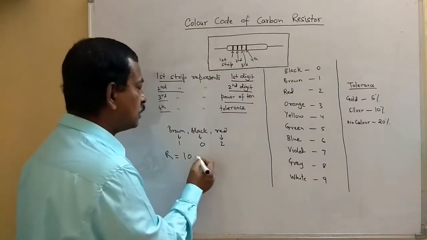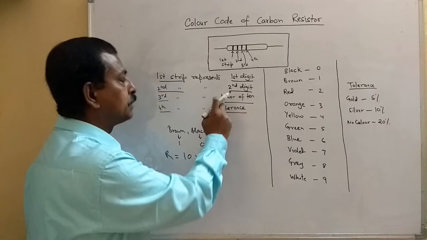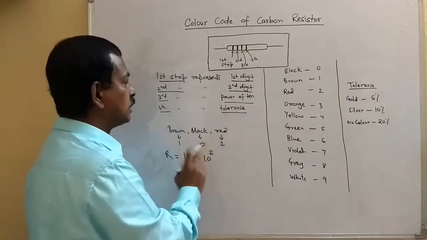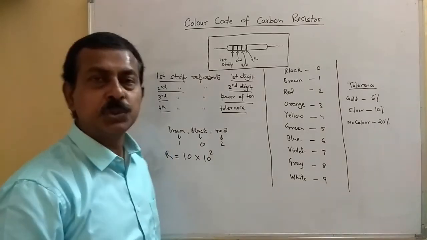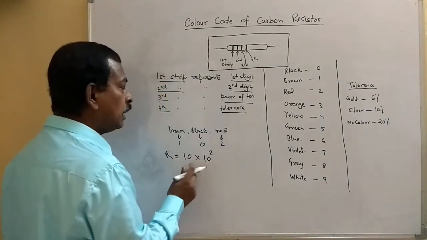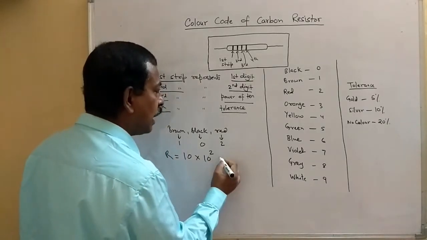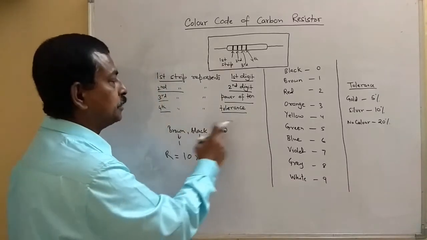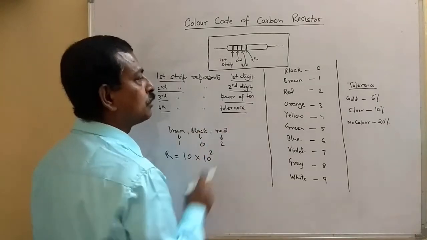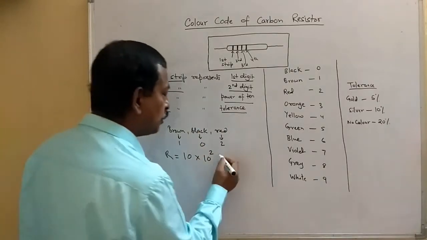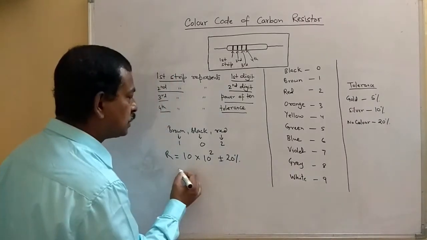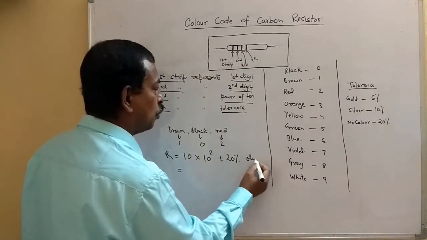The third represents the power of 10, so it is 10 to the power 2 because red represents 2. And since there is no fourth band, it is only three bands, so no band is representing tolerance. We'll take the tolerance value as 20%.